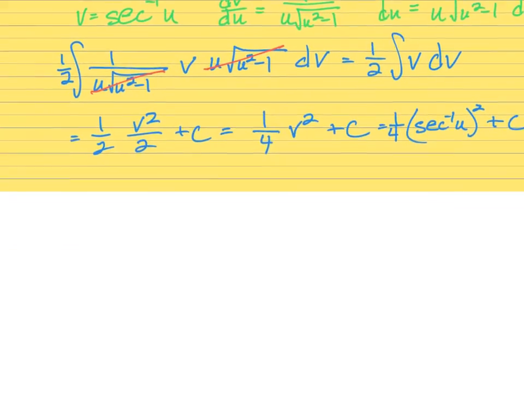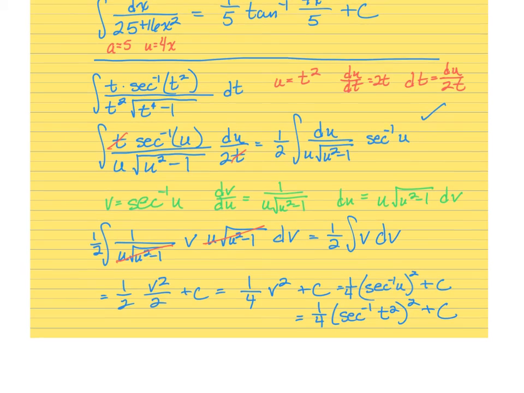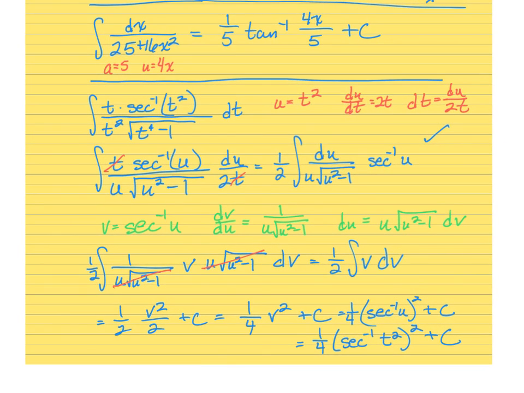And u is t squared, so squeeze that in here. 1/4 inverse secant of t squared, all of that squared plus c. And there it is. There is our integral of that. So we used a combination of our formulas with the u substitution that we're already familiar with.